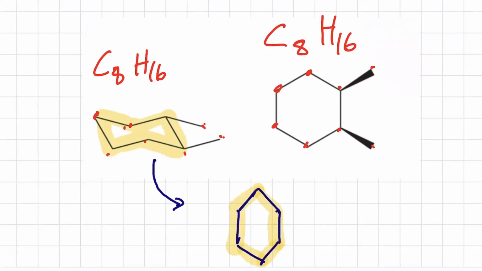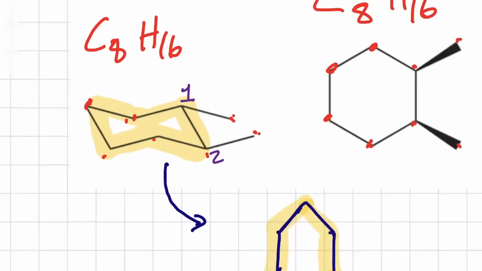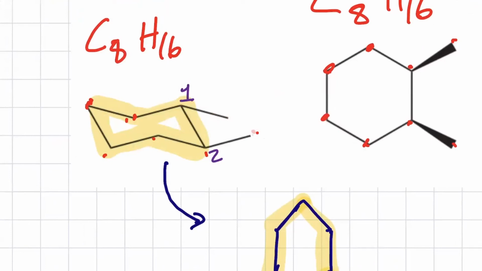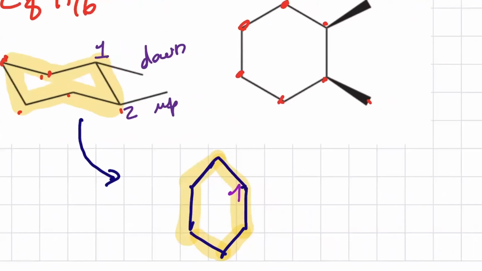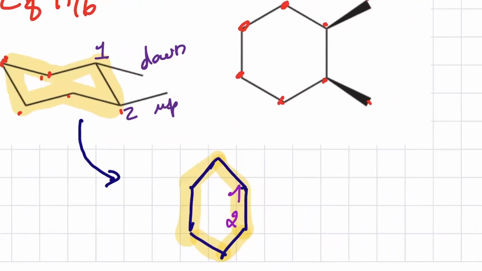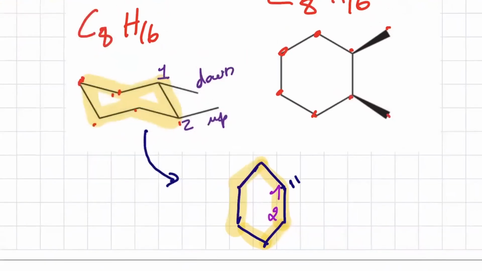I like to start numbering my carbon at this position. So 1, 2. Here at position 1, I can see that my methyl group is pointing down. And at position 2, my methyl group is pointing up. I'm going to do the same thing here and follow the same pattern that we saw. 1 and 2, at position 1, my methyl group will be pointing down.